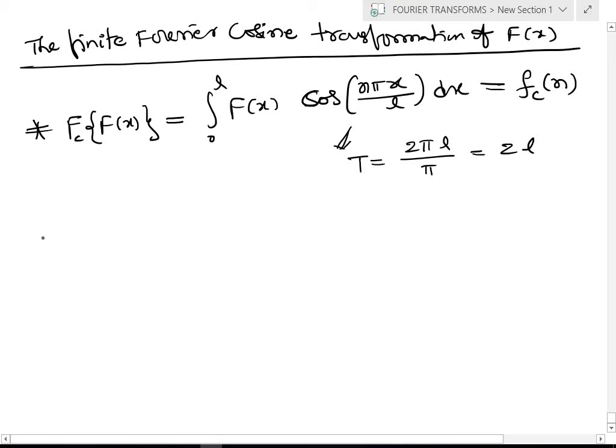Okay. Now the inverse cosine transformation.